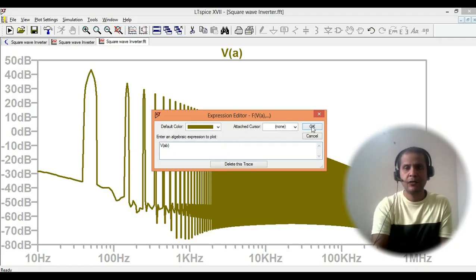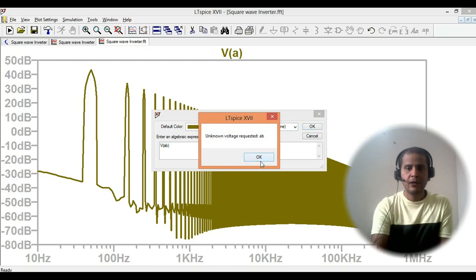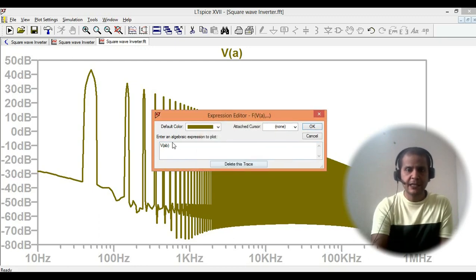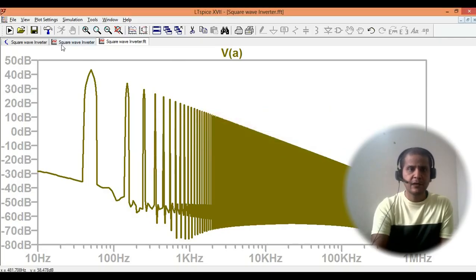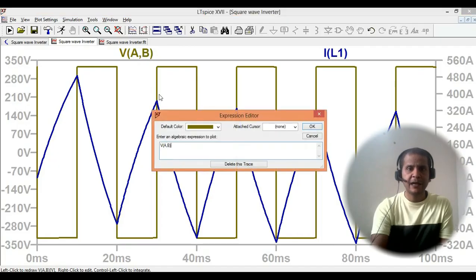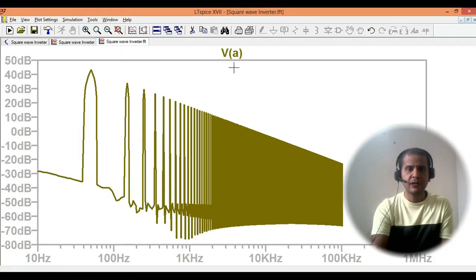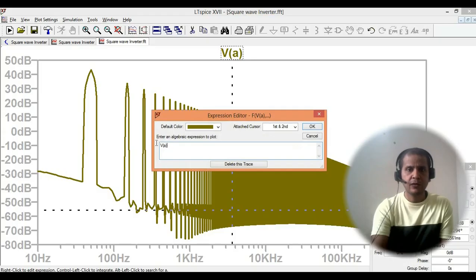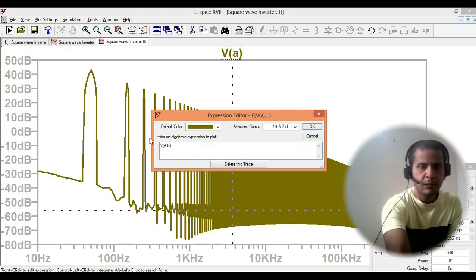Let's see now. Unknown voltage requested. How we can do it, because what is my output here, what I'm trying to understand is VA minus VB. Okay, this is the voltage, and for this voltage I want to look at the harmonic component.